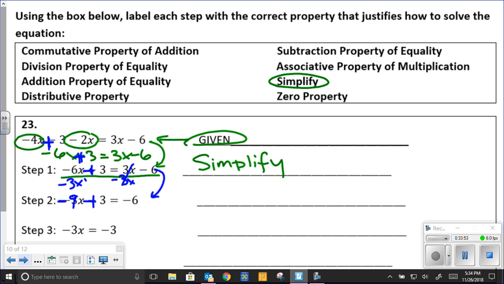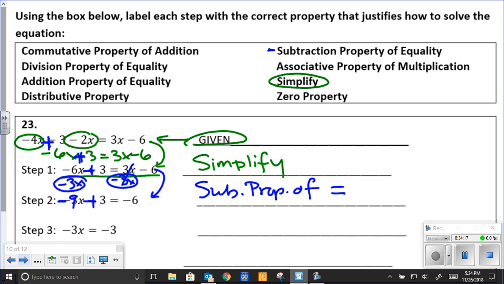I subtracted the 3x from both sides. So looking up here, it was the subtraction property of equality. I did it because I subtracted from both sides and I kept my equation equal. Don't abbreviate like this on your test though. Make sure you're writing it out so we know what you're talking about.